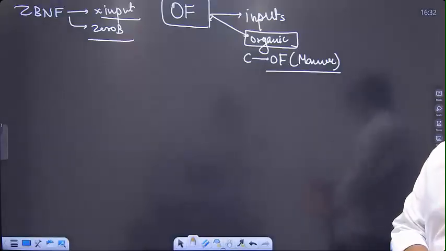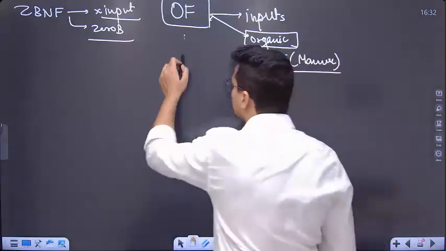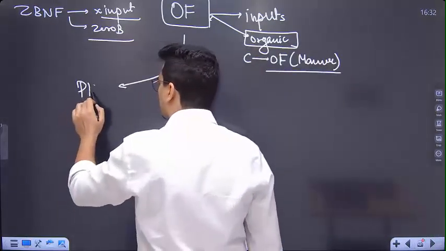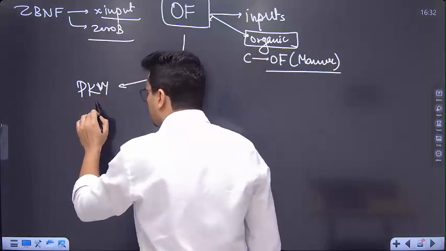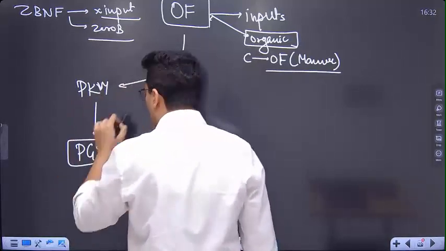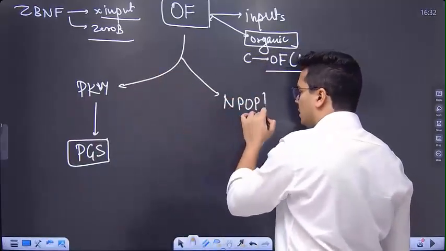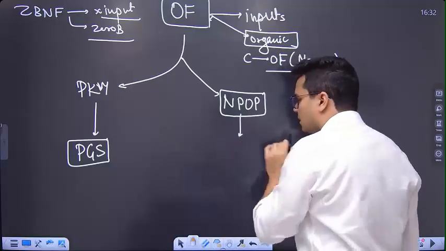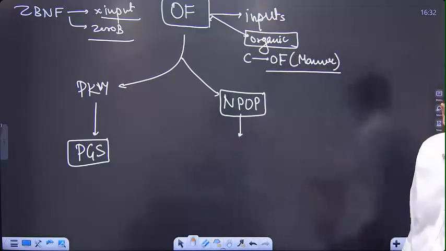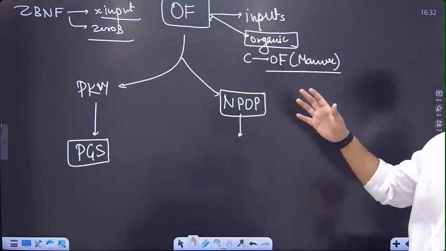One is Paramparagat Krishi Vikas Yojana. In Paramparagat Krishi Vikas Yojana, there is the idea of a participatory guarantee scheme. Then there is NPOP. NPOP is the National Program for Organic Production, where there is certification.